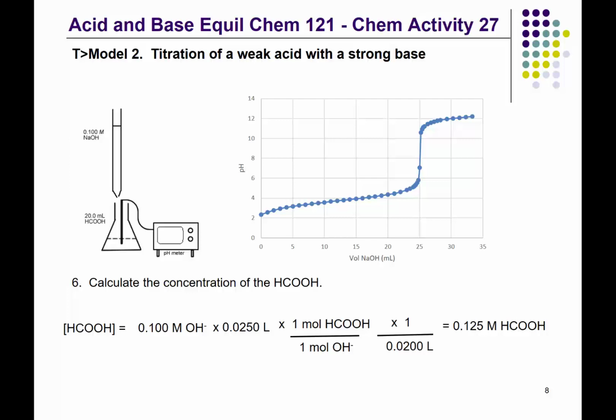In class, we will review the calculation of how to determine the Ka from the halfway point of a weak acid strong base titration. We will also examine the other important type of titration, which is weak base with a strong acid.